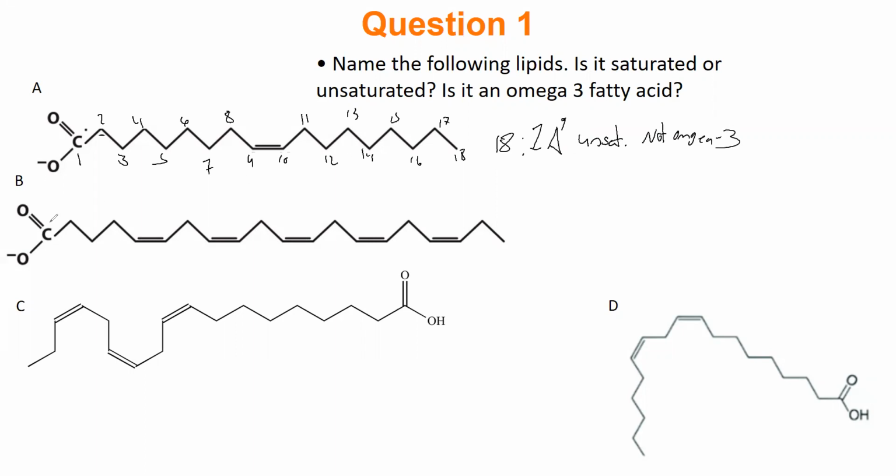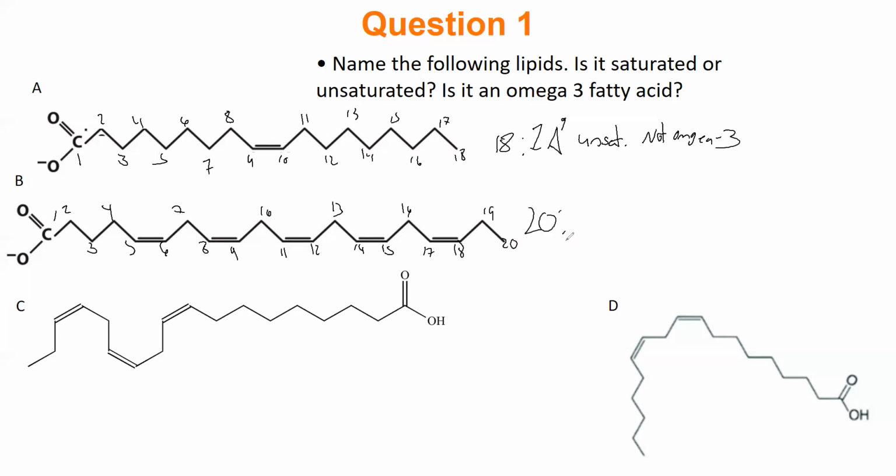double bond there. B, again, do the counting. 1, 2, 3, 4. 1, 2, 3, 4, 5. 6, 7, 8, 9, 10, 11, 12, 13, 14, 15, 16, 17, 18, 19, 20.